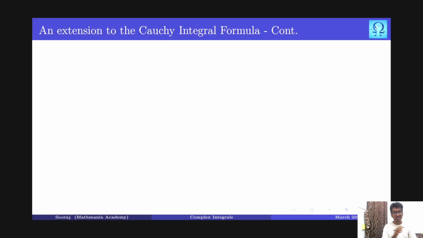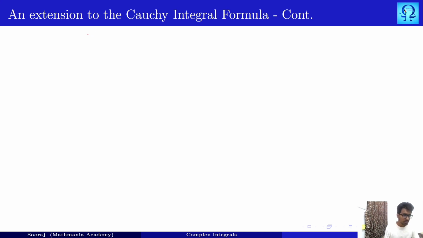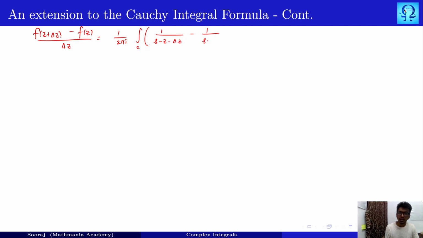So we can rewrite f of z plus delta z minus f of z upon delta z as 1 upon 2 pi i integral over c of 1 upon s minus z minus delta z minus 1 upon s minus z, multiplied with f of s upon delta z, ds.